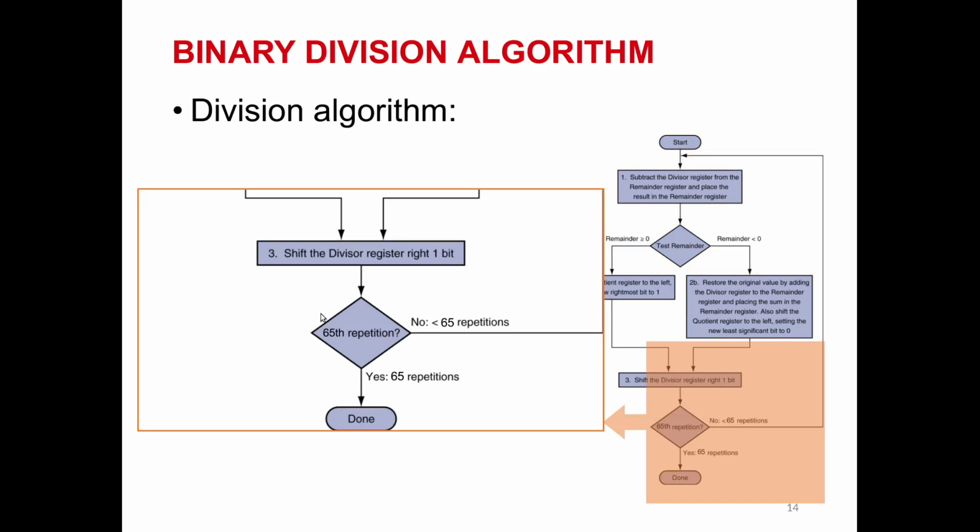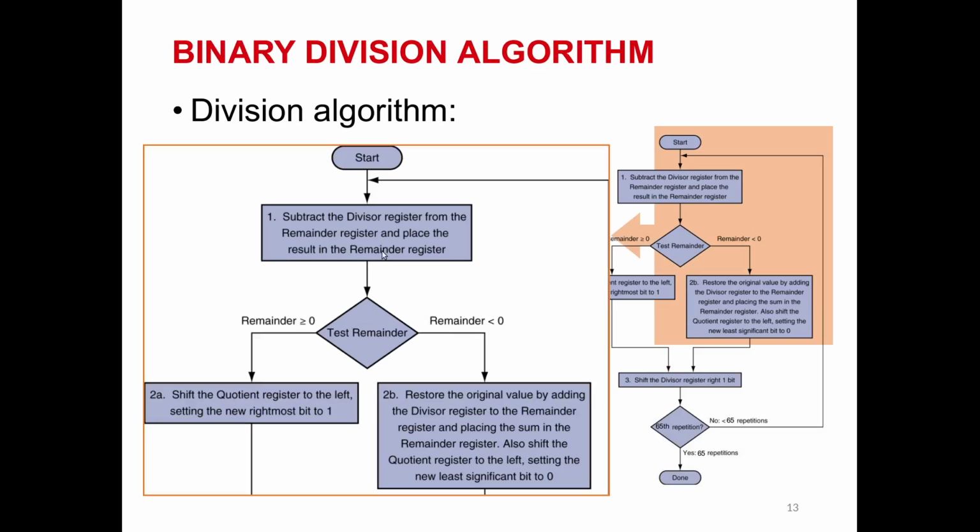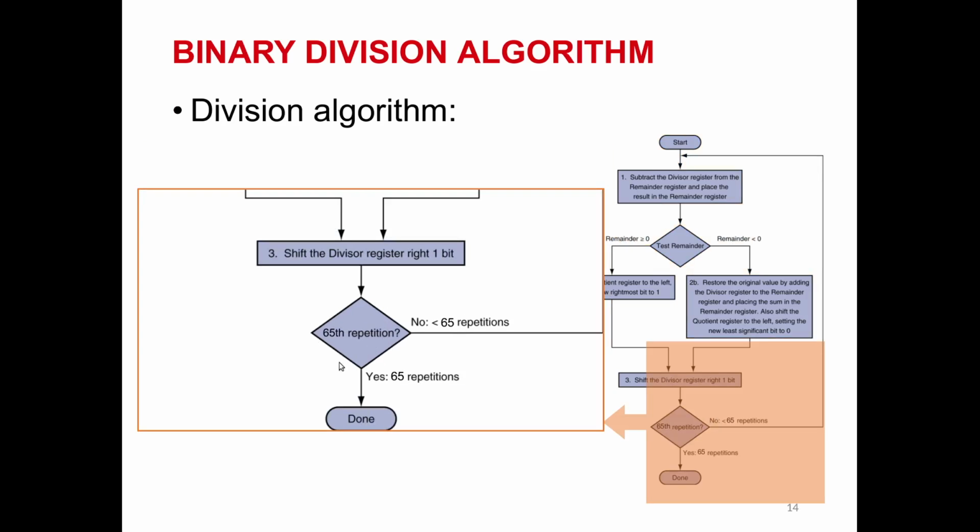So if you have a 64 bit divisor, you will need 65 iterations, and the 65th repetition will be used to confirm the most significant bits of the quotient.